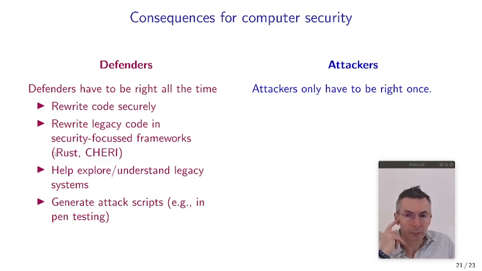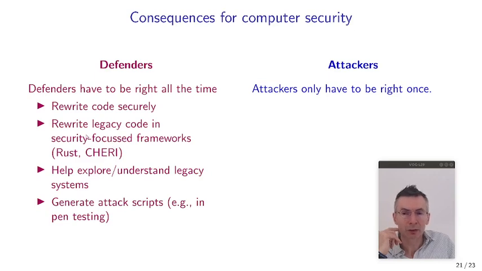So there are frameworks like the Rust programming language and the capability hardware model called CHERI, which is a more secure way of handling pointers on machines, but requires code to be aware of the capabilities and to handle them correctly.